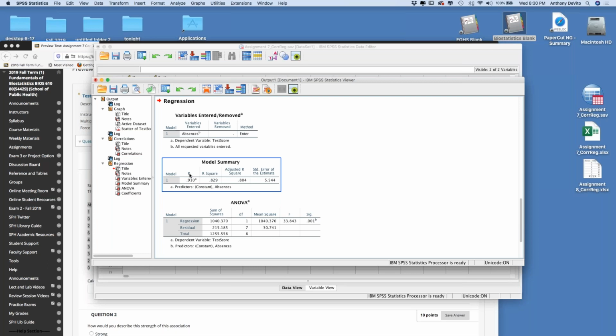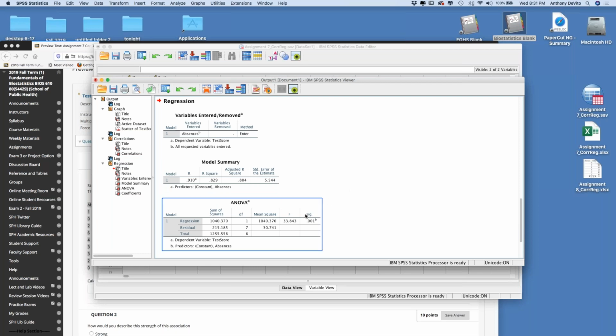You can see it's the same number. It's a negative number, but they don't show the sign here. When we did correlation, it did show the sign, and we know because of the association that it's really negative 0.910. As absences go up, the value of the test score goes down.